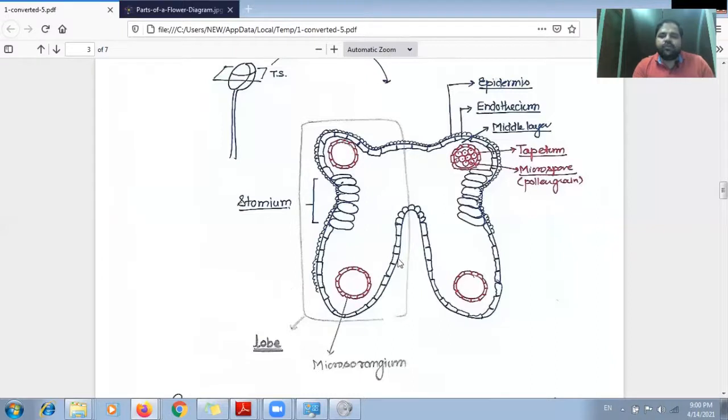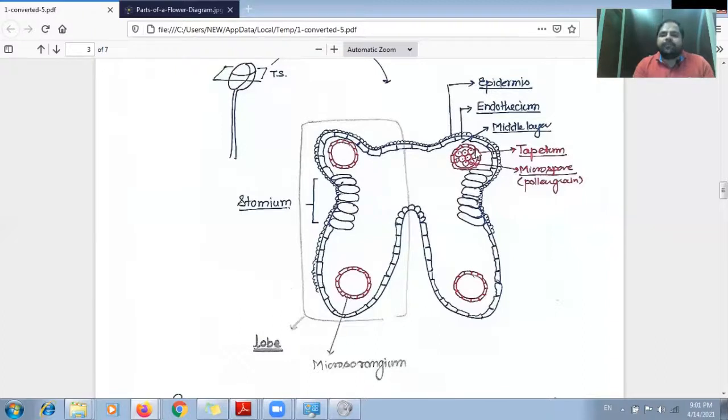These are two lobes, and each lobe has two microsporangia. So a total of four microsporangia are there, and the outermost layer of the anther is called the epidermis. Below the epidermis there is a continuous layer of specialized cells called the endothecium.